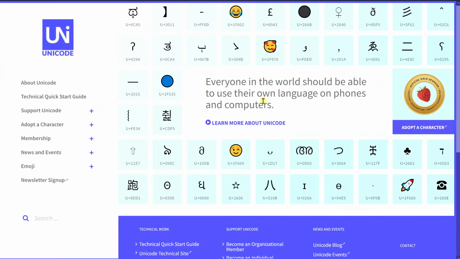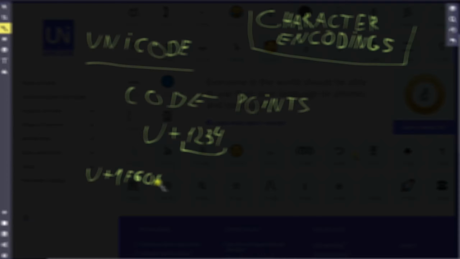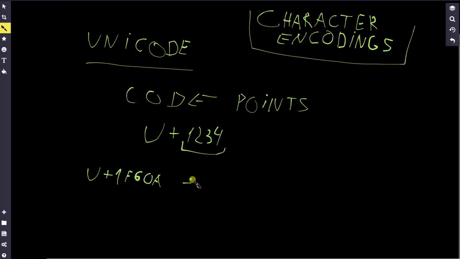You can find various code points on the Unicode website. So you can see, for example, that they have emoji, they have those hieroglyphs. So, for example, this code point means this smiling face. Or maybe the Latin character A is encoded in the following way.